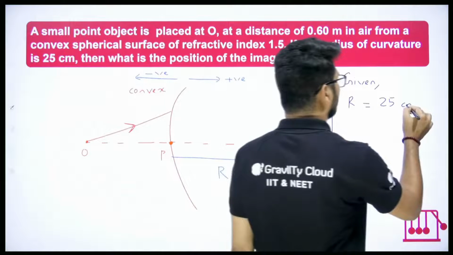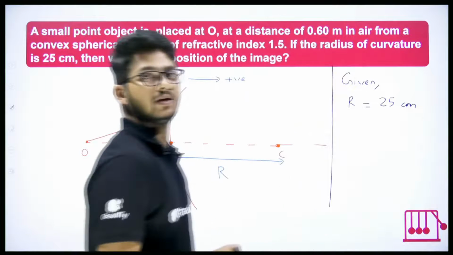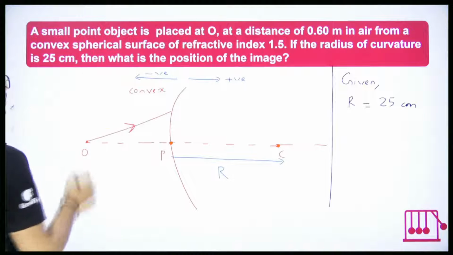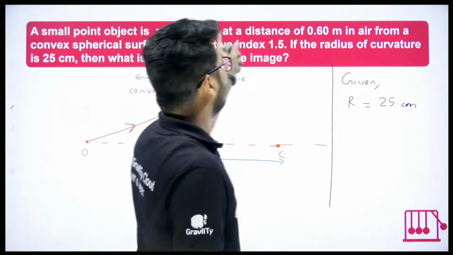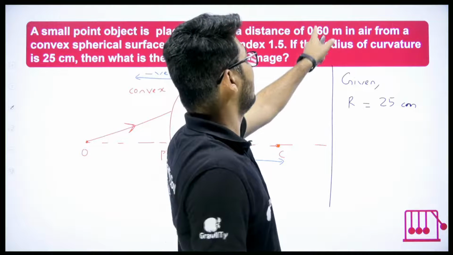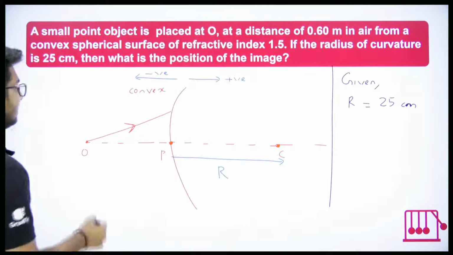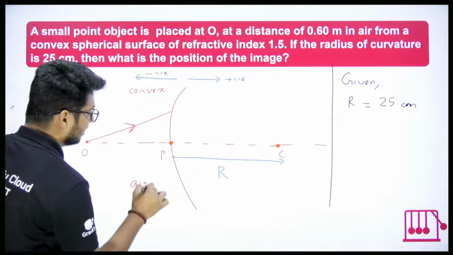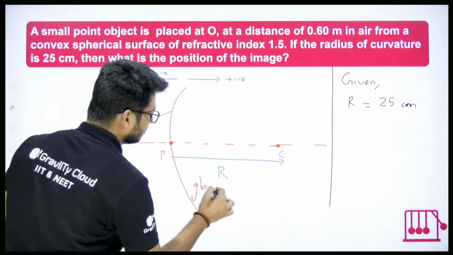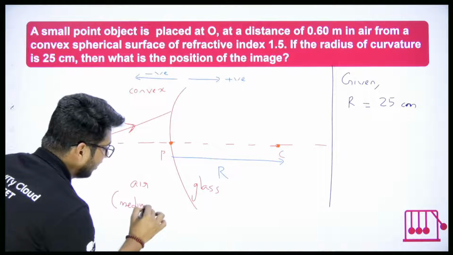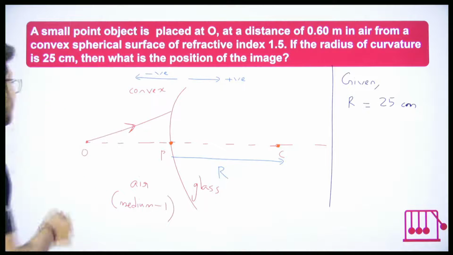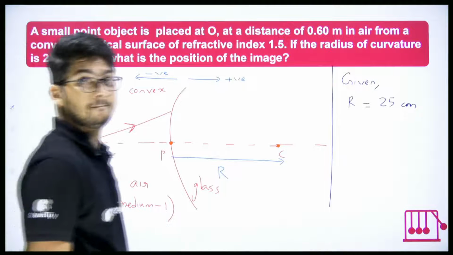So we got the radius, yes or no? Yes. Then what is the first medium? See, a small point object is placed at O at a distance of 0.60 meter in air. So this is the first medium, that is air, and this is glass. The incident ray is in air, so that is medium 1. And what is the refractive index of air, everyone?